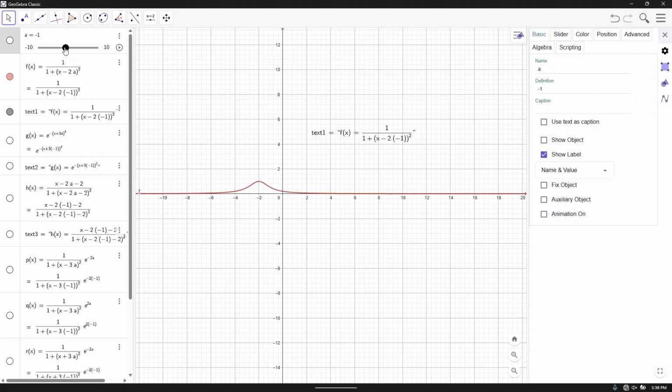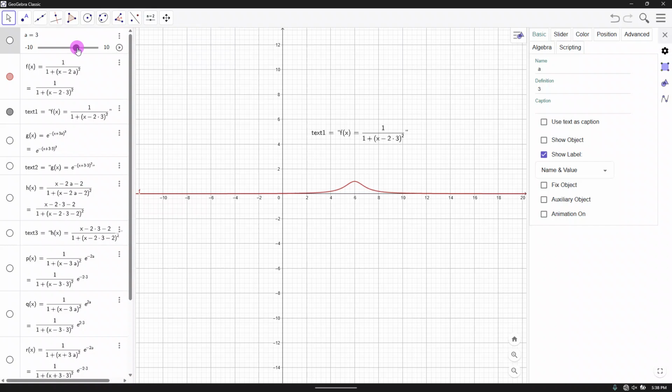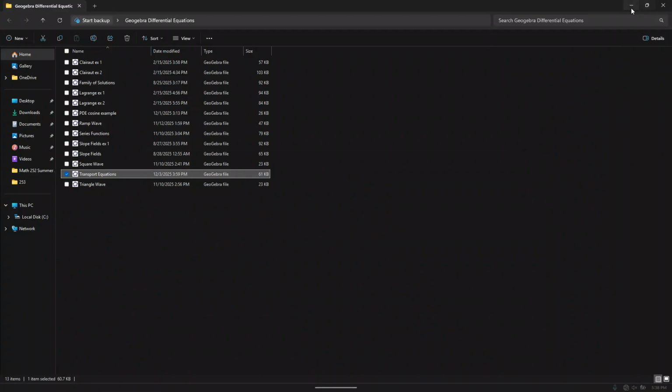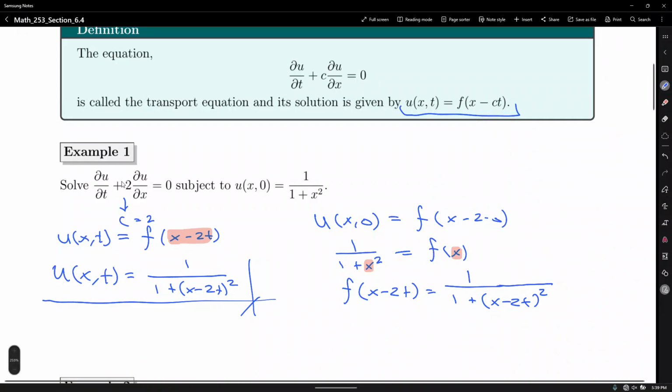Notice the larger the value of a, the transport goes to the right. Otherwise, it goes to the left. You can relate this to our original equation: the positive coefficient tells us we're going to have a transport towards the positive x-axis.